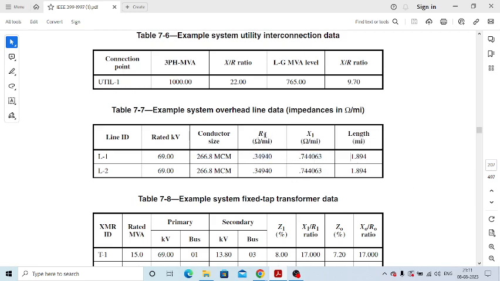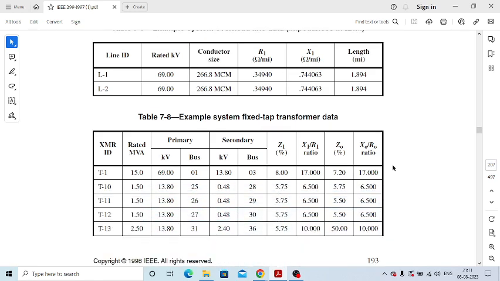R1 X1 is the positive sequence, R2 X2 means negative sequence, R0 X0 means zero sequence. Here they have given only the positive sequence values. If we need to calculate the zero sequence, then we absolutely need the R0 and X0 values.